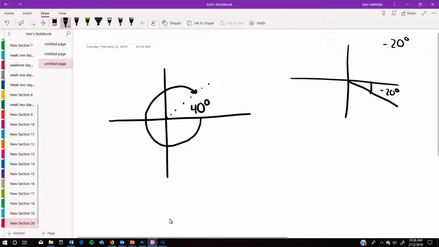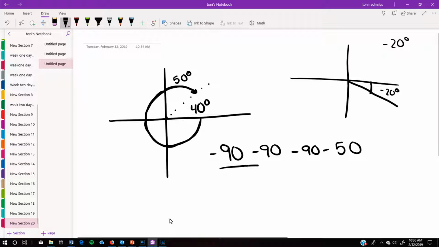So now all my degrees are negative, okay? So here I went a negative 90 degrees, a negative 90 degrees, a negative 90 degrees, and the rest of this is actually, if this is 40, this is 50. Okay, so a negative 50 degrees.